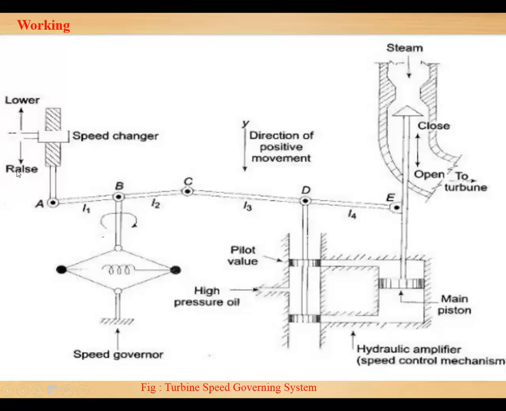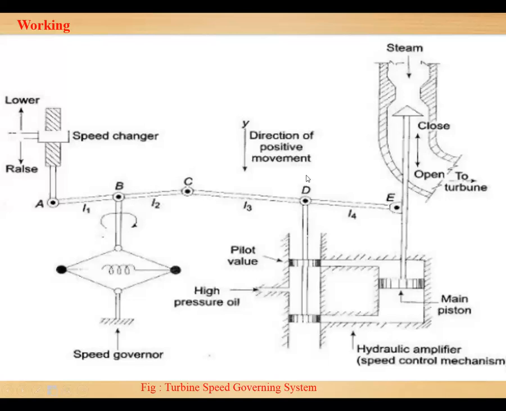The flyballs move outwards and point B moves downwards. When point B moves downward, point D moves upward.